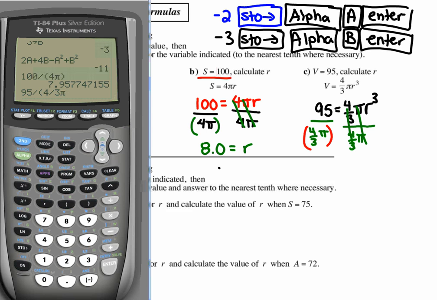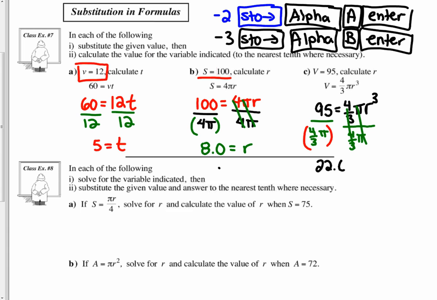We use the more precise, exact symbol on your calculator. So 4/3 pi should look like that. Did you get 22.679? So 22.679 and so on is equal to r cubed, and then we cube root both sides. Now, do you remember how to cube root something?